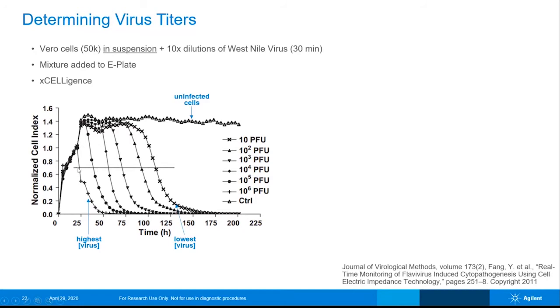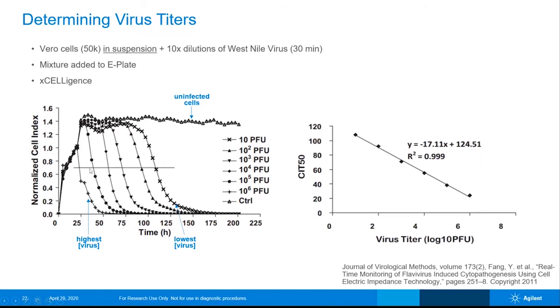We're plotting the intersection time point here as a function of the virus titer. Again, you see that you get a nice linear response. And so, of course, you can then use this for all future preps of this virus. You just simply have to run a single killing assay, and that 50% response time will then tell you the titer of the virus that you've just produced.